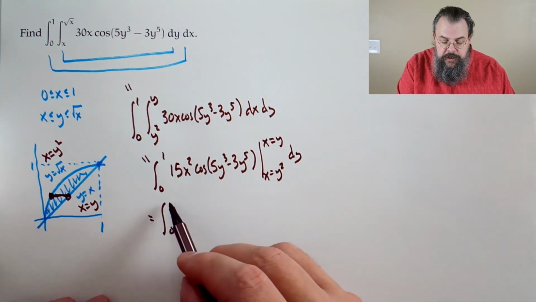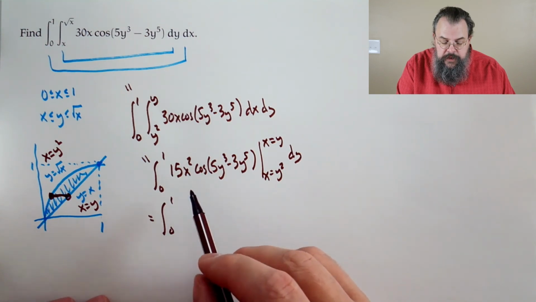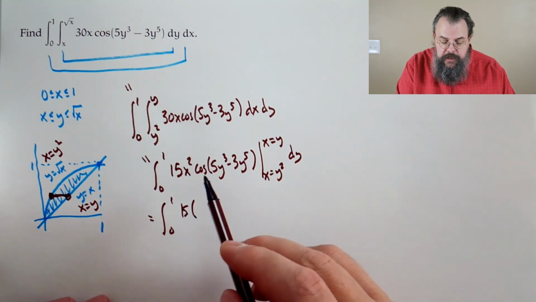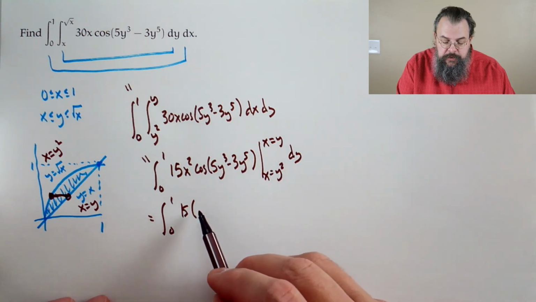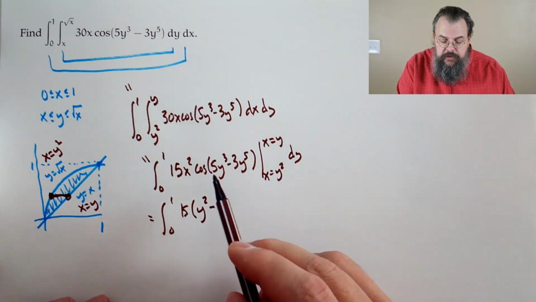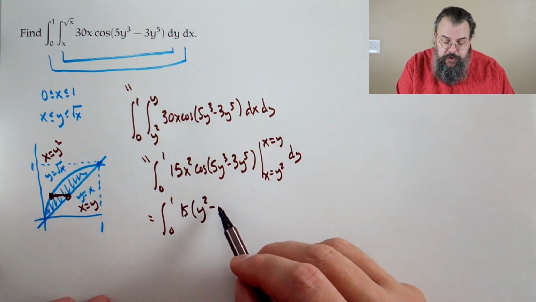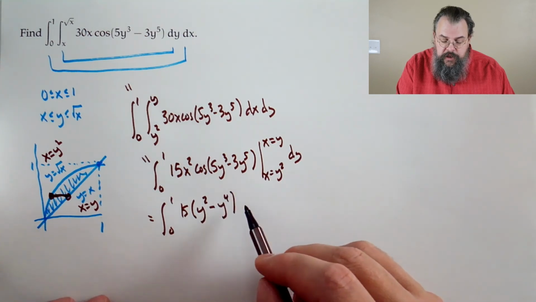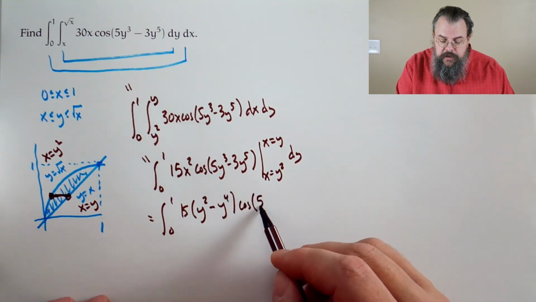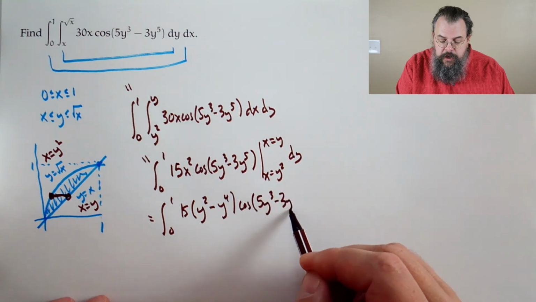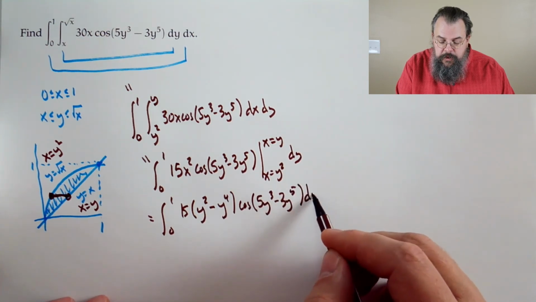That's 0 to 1 of 15, and then plug in x equals y, minus plug in y squared squared, y to the fourth, times cosine of 5y cubed minus 3y to the fifth dy.